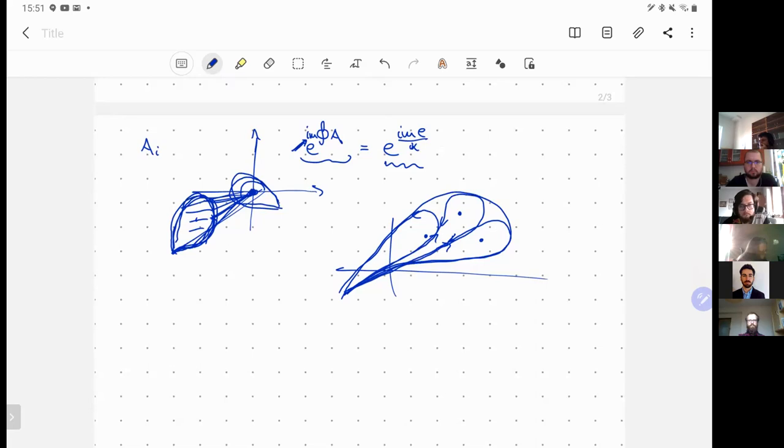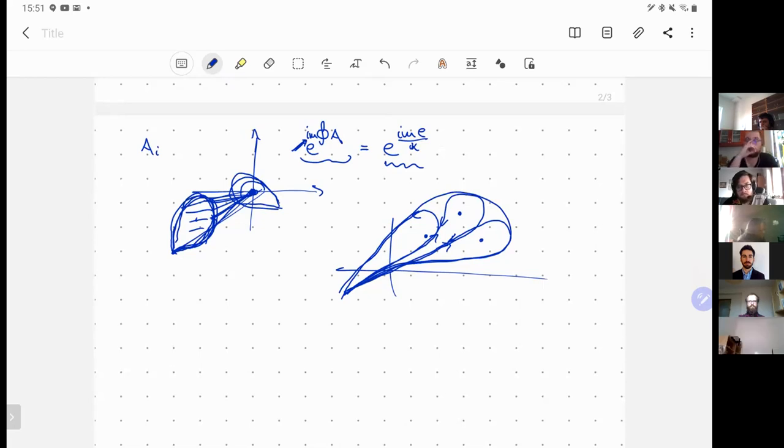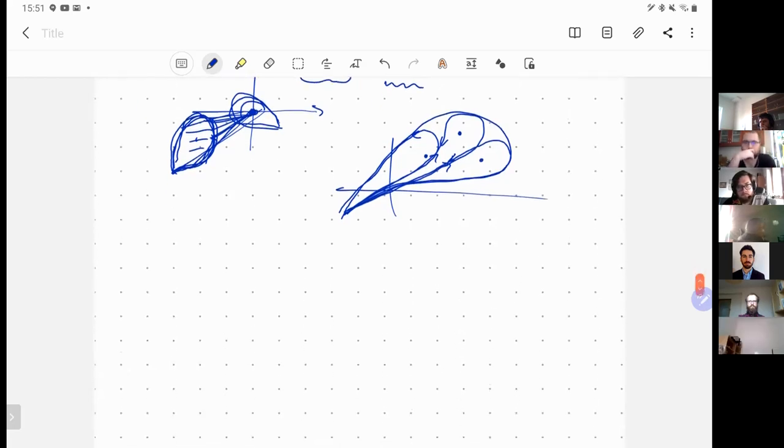There's an interesting thing to notice. You would think that this kappa in front is just a prefactor, right? That it must have no meaning in the theory whatsoever, that it's just something I can hide into my gauge field by redefinition.